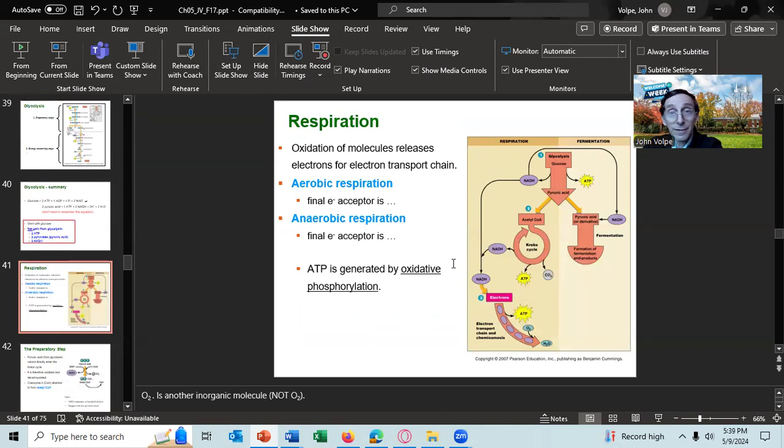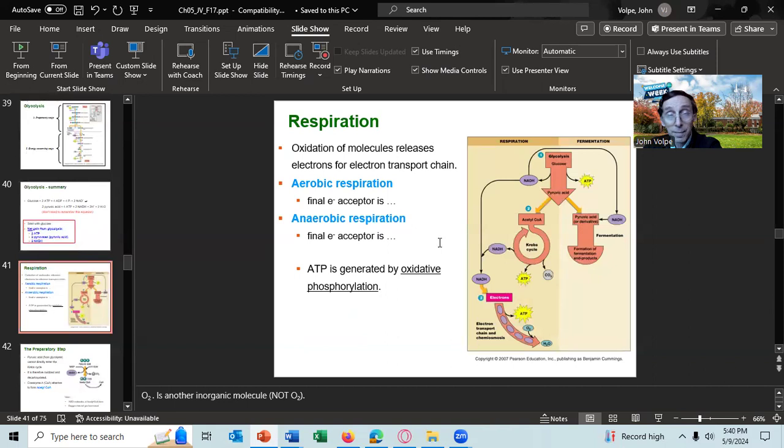Respiration is the oxidation of molecules releasing electrons for the electron transport chain. Respiration has 2 ways of proceeding. There's aerobic respiration, where the final electron acceptor is oxygen, and there is anaerobic respiration, where the final electron acceptor is a molecule other than oxygen.